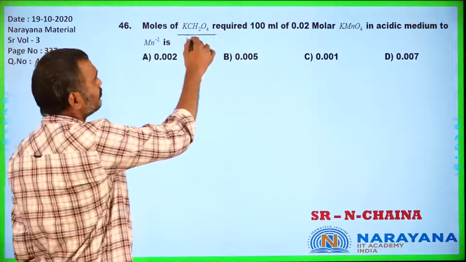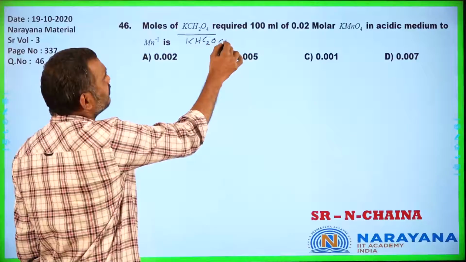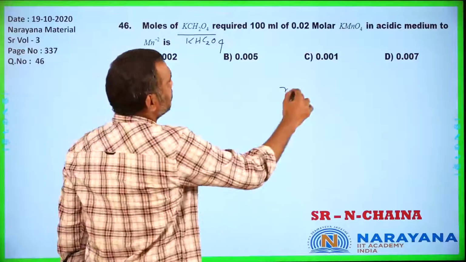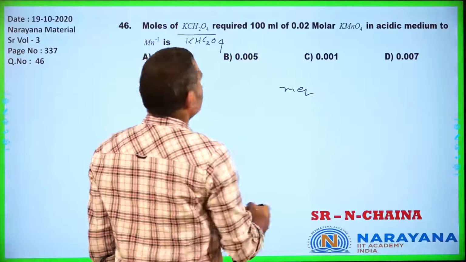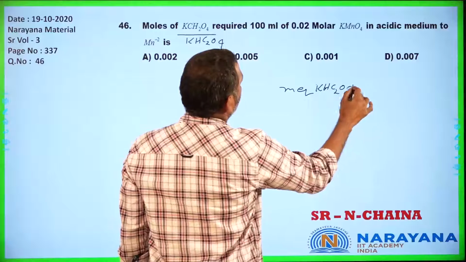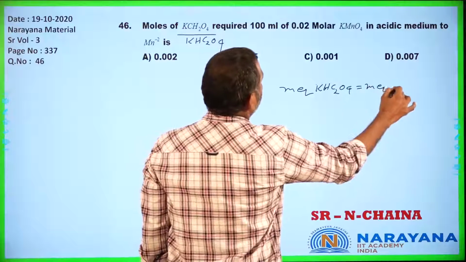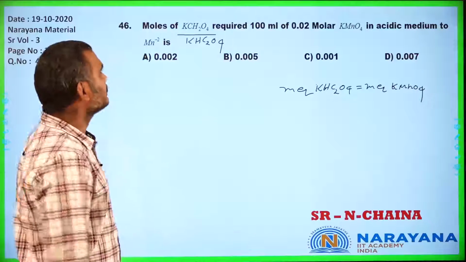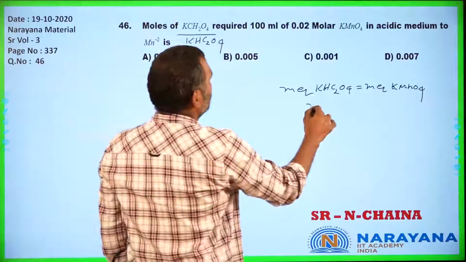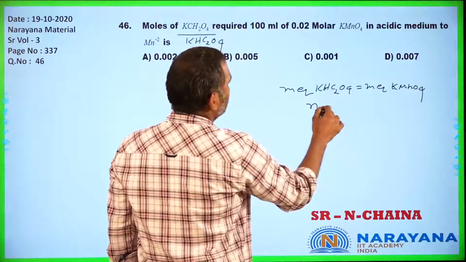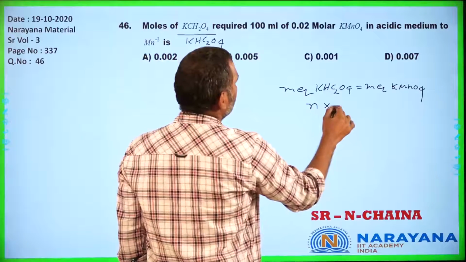Milliequivalence of KHC2O4 is equal to milliequivalence of KMnO4.